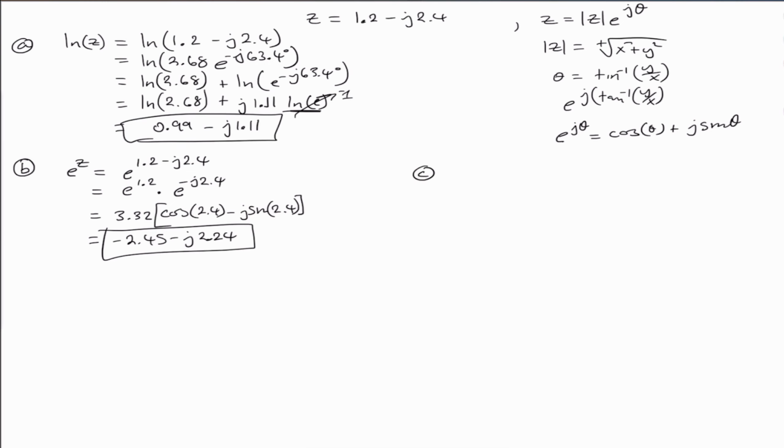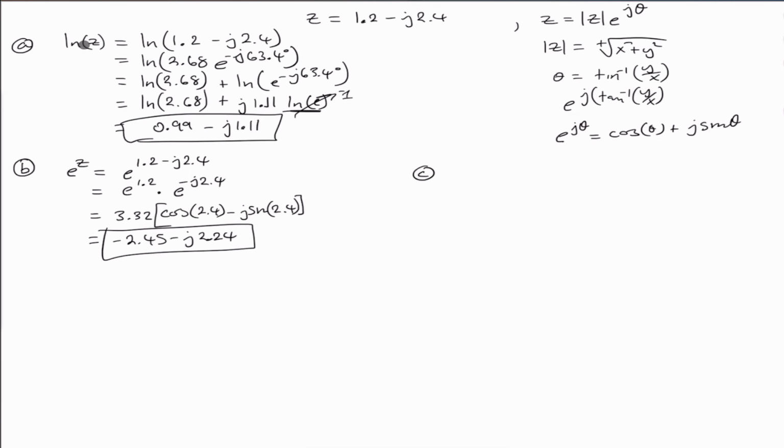For c, we're taking the natural log of the complex conjugate of the complex number z. Notice we already evaluated the natural log of z.